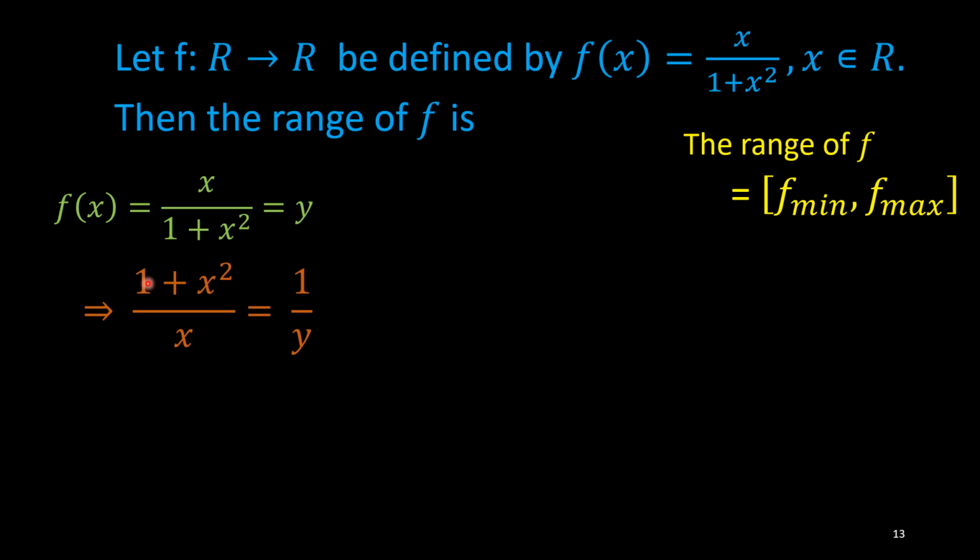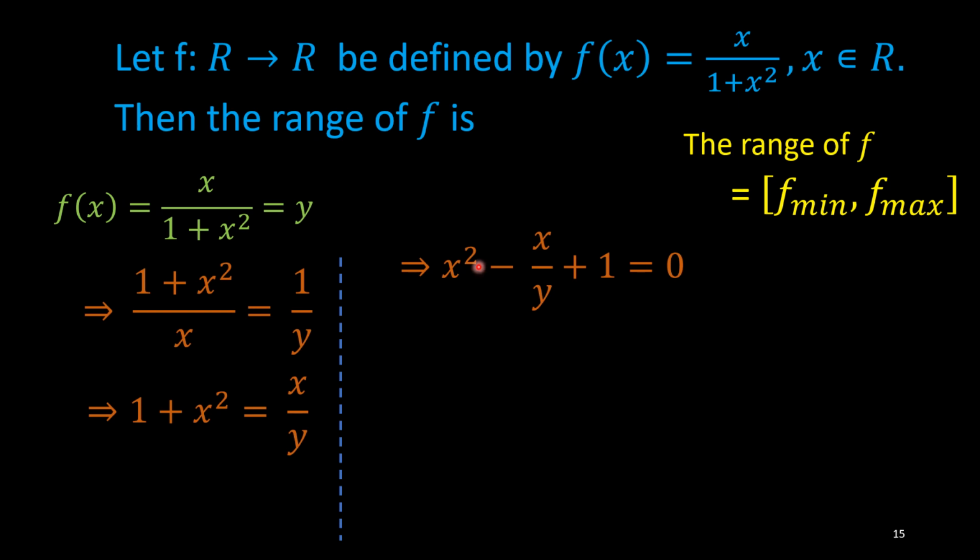Now I will multiply by x on the right side. So I will get 1 plus x squared equals x upon y, right? Then I can get a quadratic equation like this: x squared minus x upon y plus 1 equals 0. So this is your quadratic equation.